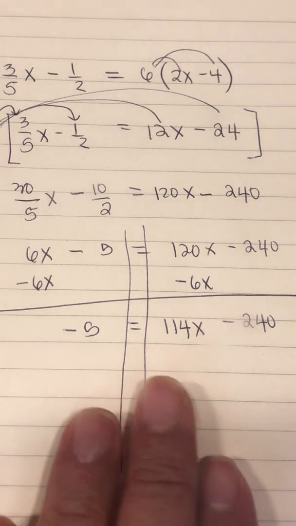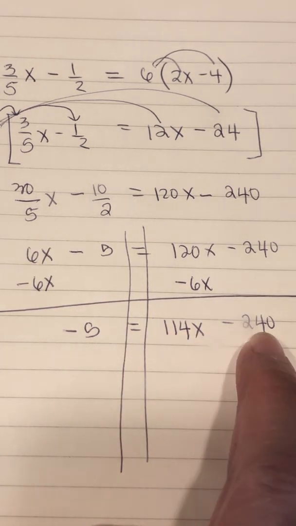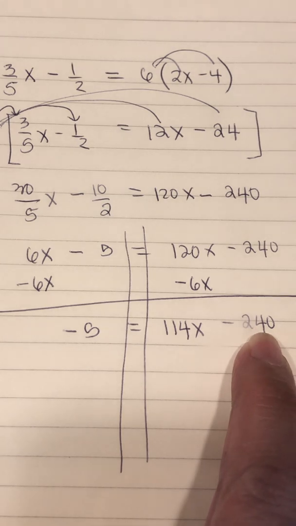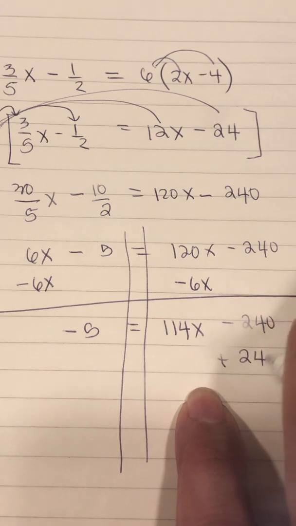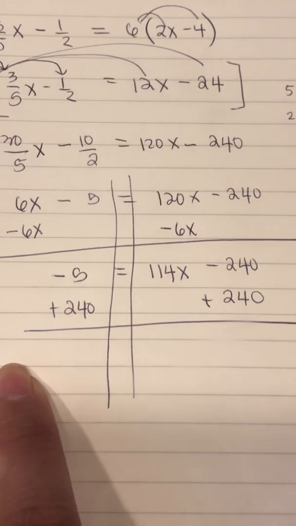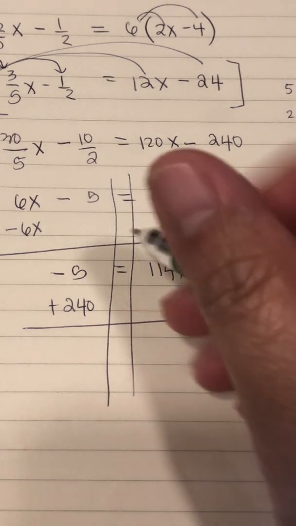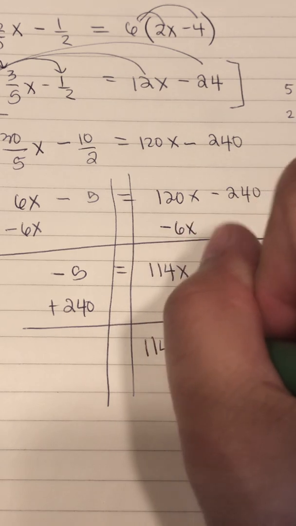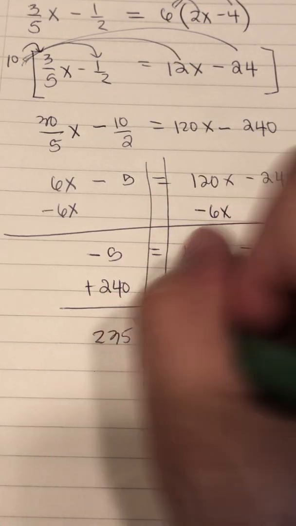All right, now we focus on our x times 114 minus 240. Then reverse the process. So plus 240, plus 240. Then you will have, this is now 0. We have 114x, and this is positive 235.